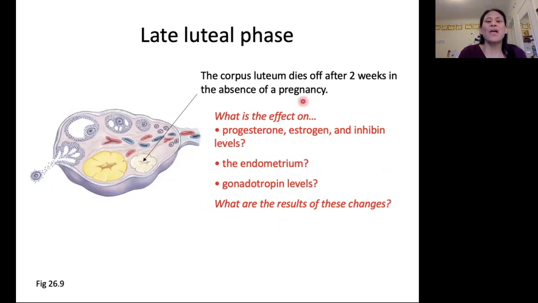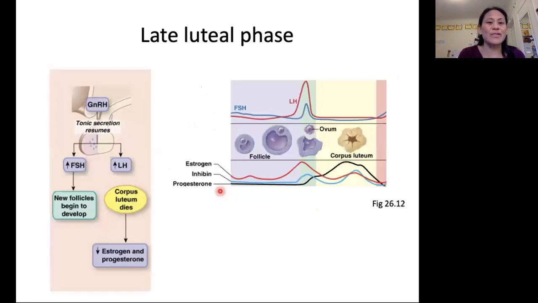Okay, so the results of the corpus luteum dying are actually shown in the next couple slides. They are the cause of the late luteal phase. Looking at the ovaries, with the corpus luteum dying and getting a drop in estrogen, progesterone, and inhibin levels, that is going to lift the negative feedback that we had on GnRH, FSH, and LH production.